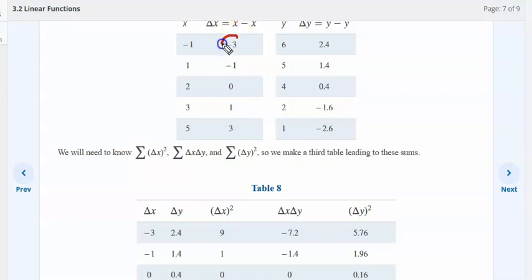So there's our negative 3 down here, delta of x. Our delta of y is there.